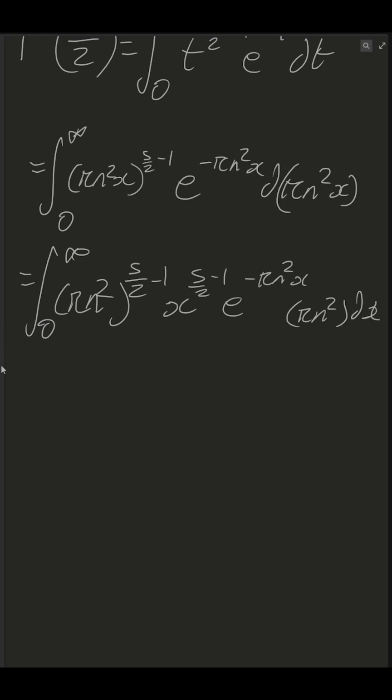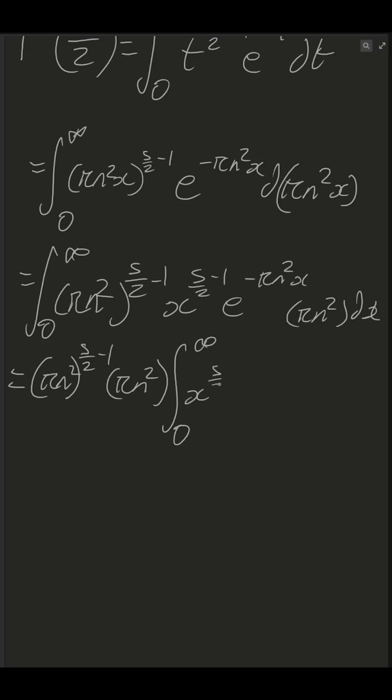Now pulling stuff out of here, we get that that's equal to pi n squared to the s over 2 minus 1 times pi n squared, integral 0 to infinity of x to the s over 2 minus 1 e to the minus pi n squared x dx.